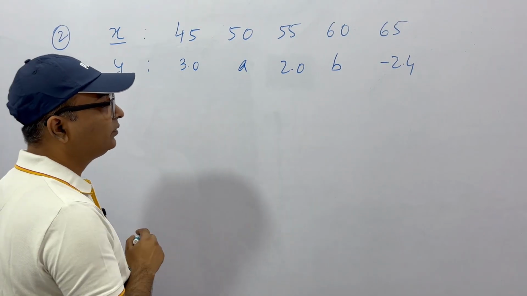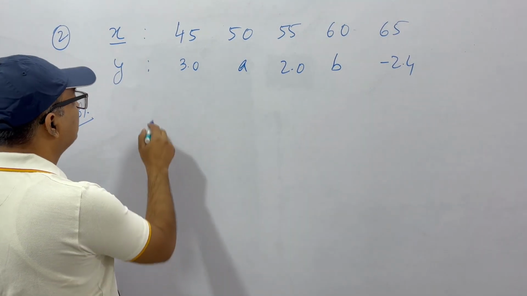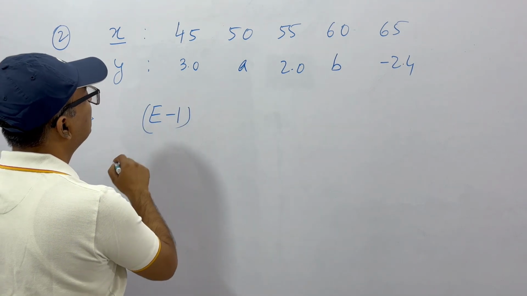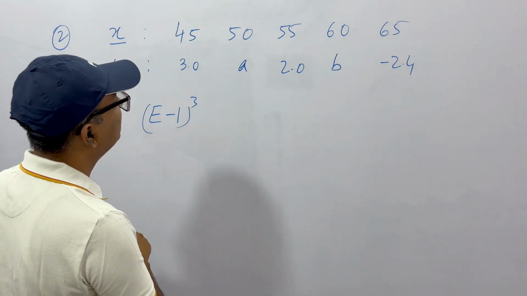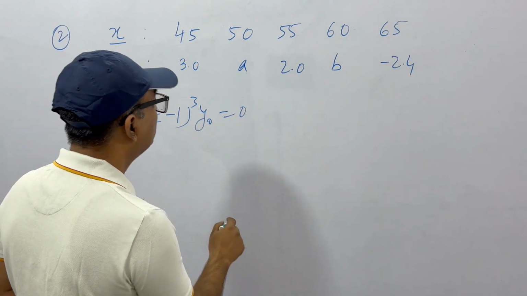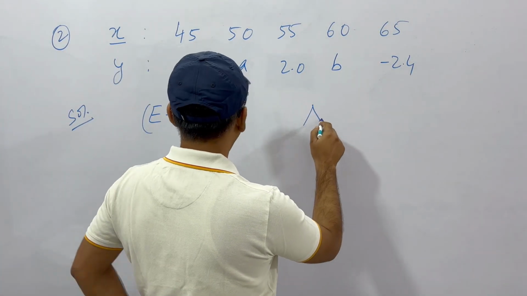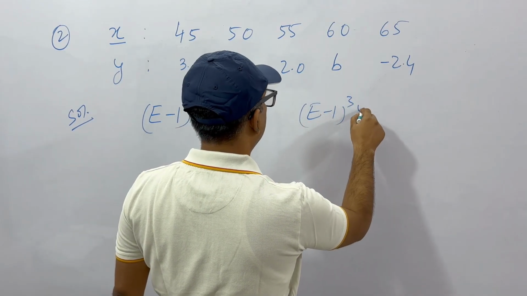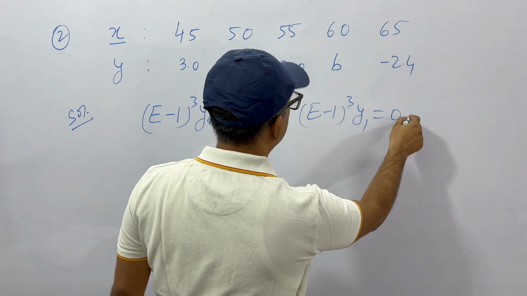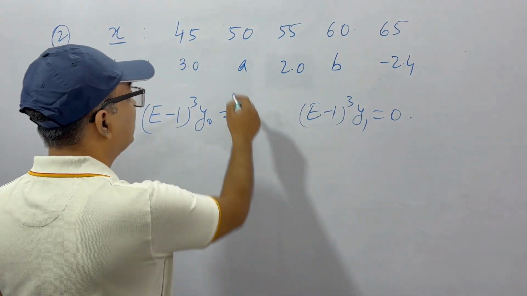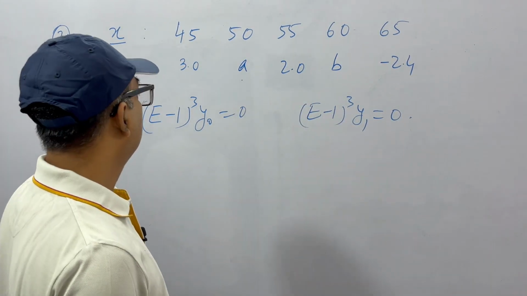We know delta 3y is equal to 0. So this means (E minus 1) to the power 3 into y0 will be equal to 0, and similarly (E minus 1) cube y1 will be equal to 0. I told you you will construct the table, you will have two equations because we have two missing terms.